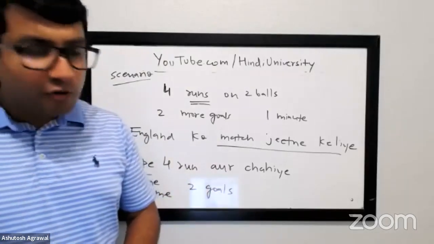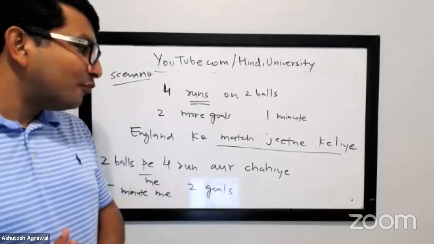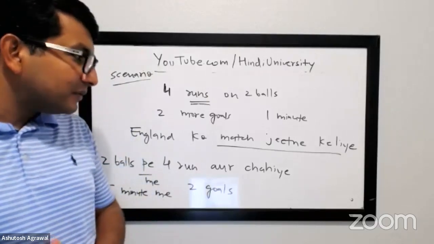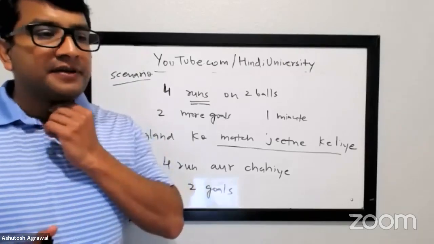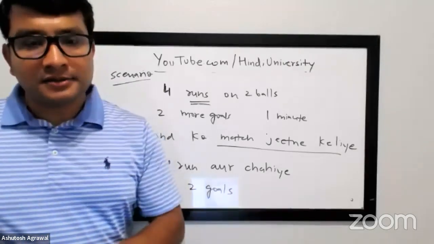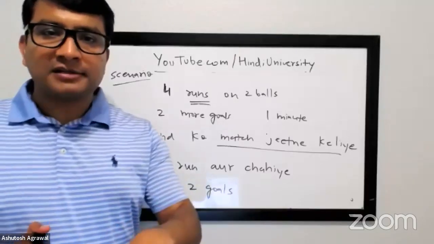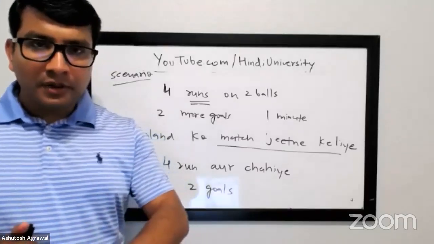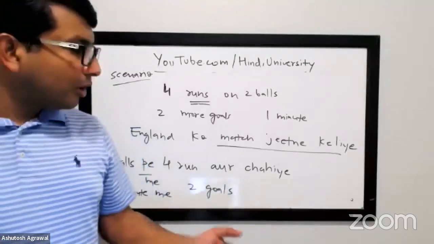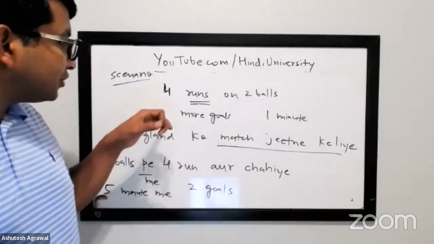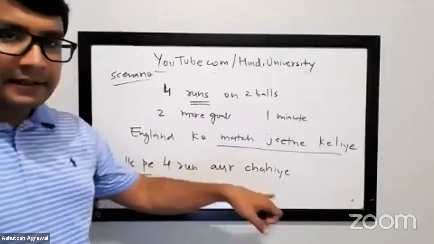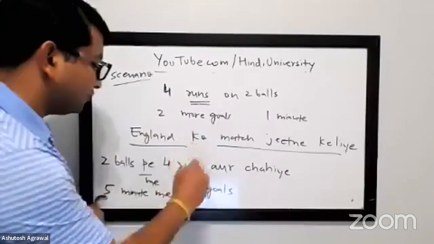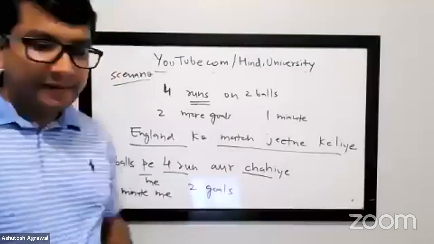Yeah. So I want you to again, the homework exercise here is basically for everyone. It's a very simple pattern, but usually we limit ourselves to very, very basic use cases. Okay, so in the homework exercise, you want to start small, but you continue to build on top of it. For example, I could have just written this sentence like England को 4 run चाहिए, and ended the sentence right there.